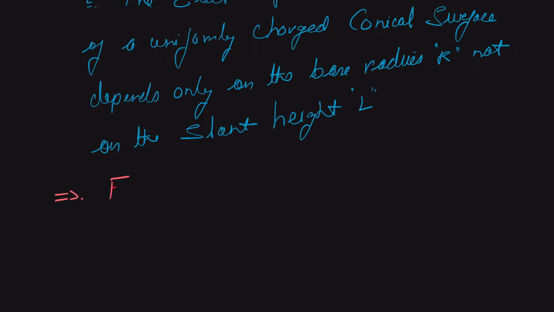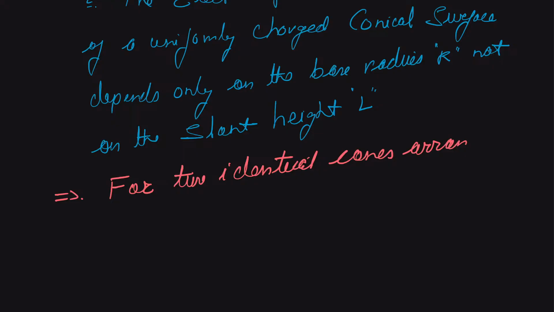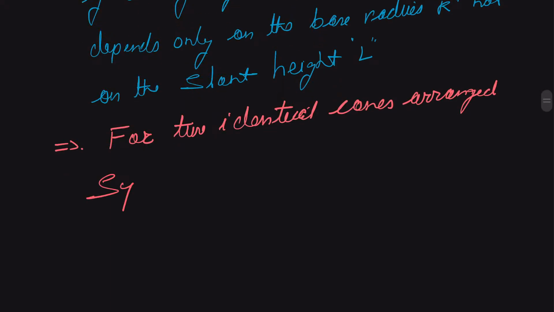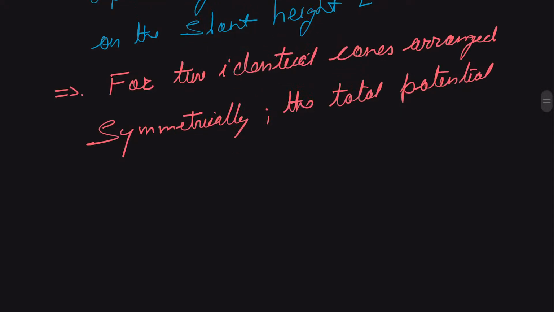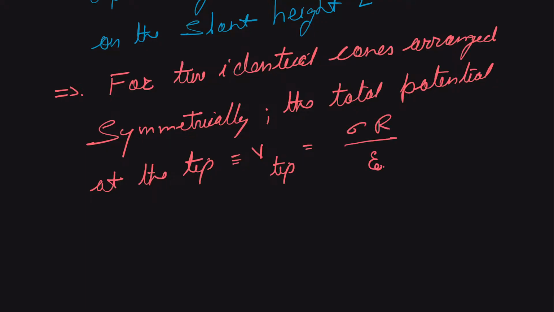So you can say for two identical cones arranged symmetrically, the total potential at the tip, and let us call this V tip, will be equal to charge density times radius divided by epsilon naught.